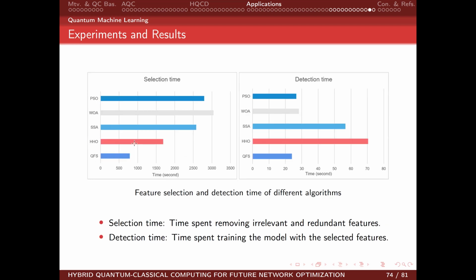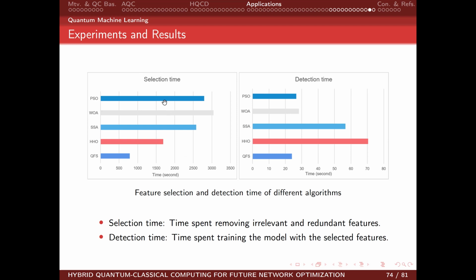Now, the time. As we said, why do we do feature selection? Essentially, we want to save training time, and we also do not want to spend too much time on the feature selection itself. The first graph on the left shows the time spent to select the features.